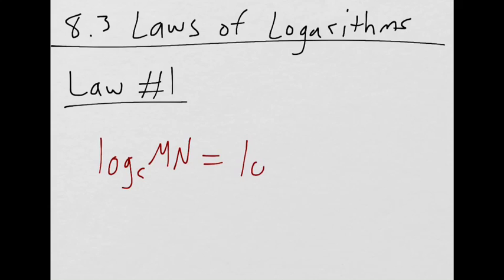That's equal to the log of the first factor plus the log of the second factor, both with the same base. So basically what this is saying is if you have two things being multiplied together in the argument of the logarithm, that's just this part of the logarithm right here, the big numbers. If you have two things or two expressions being multiplied together, you can split those up into two separate terms, each with their own logarithm.